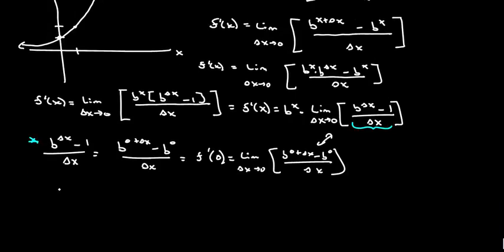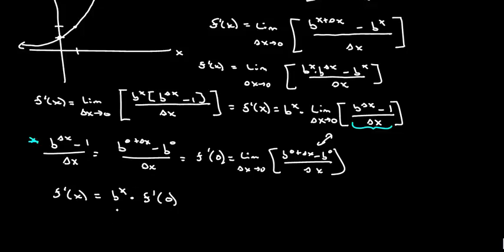So in general, f prime at x, not just at 0, is equal to b to the x times the derivative at 0, assuming that the derivative exists. And it does. Okay, this exponential function is continuous, okay, in this area, and more importantly, it is differentiable. Okay, it doesn't have any cusps or any points or anything like that. Okay, so it is differentiable at 0.